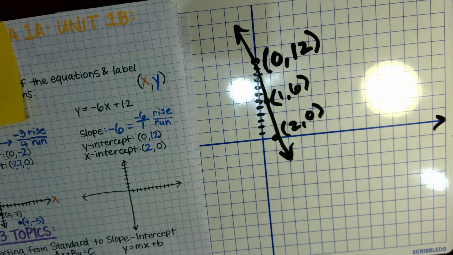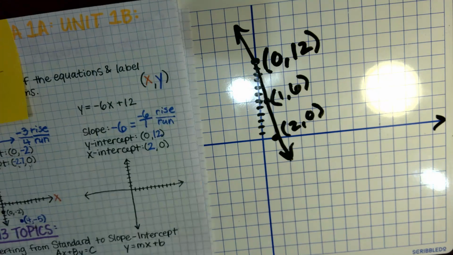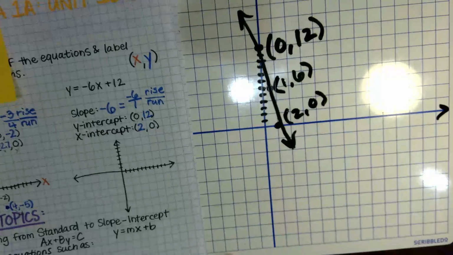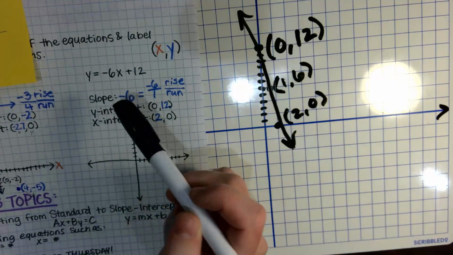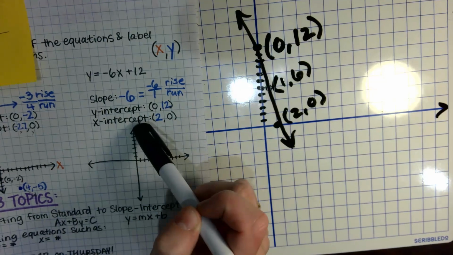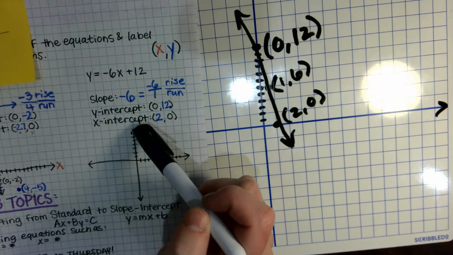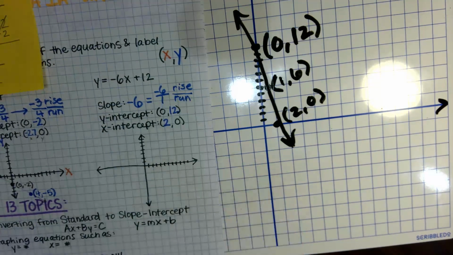Now, the only thing is, on our quiz that we have coming up, there will be one question where you have to identify the slope, the y-intercept, and the x-intercept, but that is only going to be one of the questions. The other questions are going to be, here's a line, graph it.